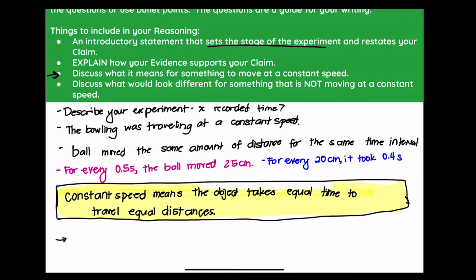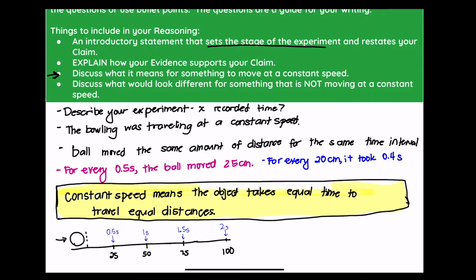And then some examples of stuff that's not moving at a constant speed, right? So constant speed, as we talked about earlier, was taking equal time to travel equal distances. So if this was 25, 50, 75, and then 100, it was taking 0.5 seconds to get here, and then 1 second, and then 1.5 seconds, and then 2 seconds.